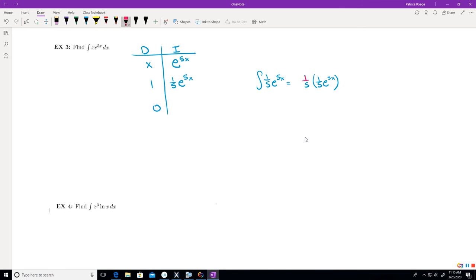So that 1/5 being the 1/5 that was already there, it's going to be 1/25 e to the 5x. And you do plus, minus, plus, drawing your diagonals. So we're going to have a positive x times 1/5 e to the 5x minus 1 times 1/25 e to the 5x plus c.